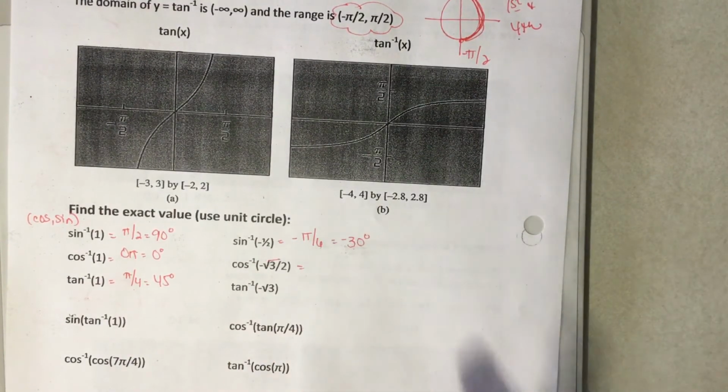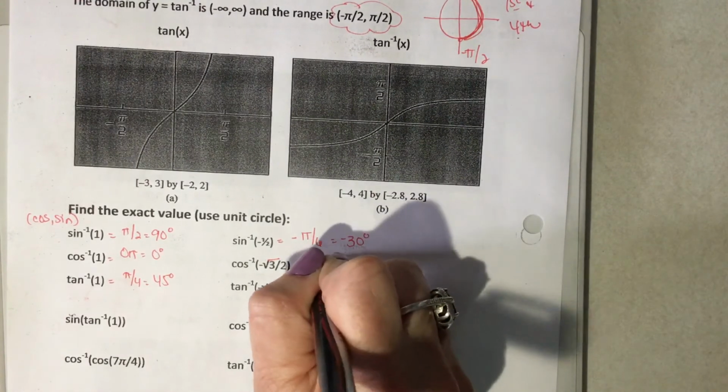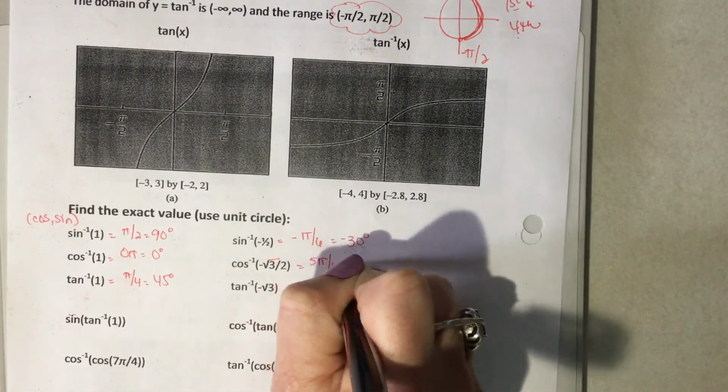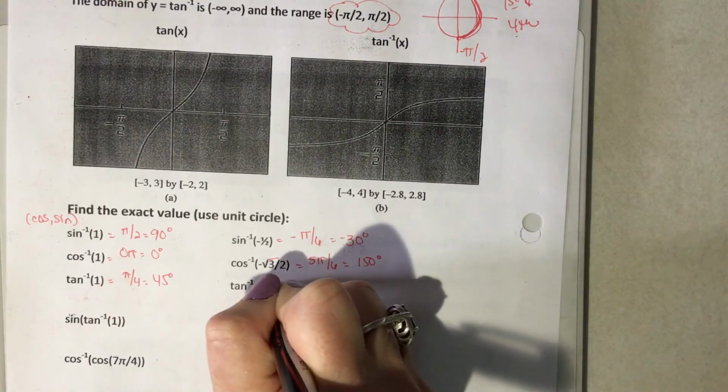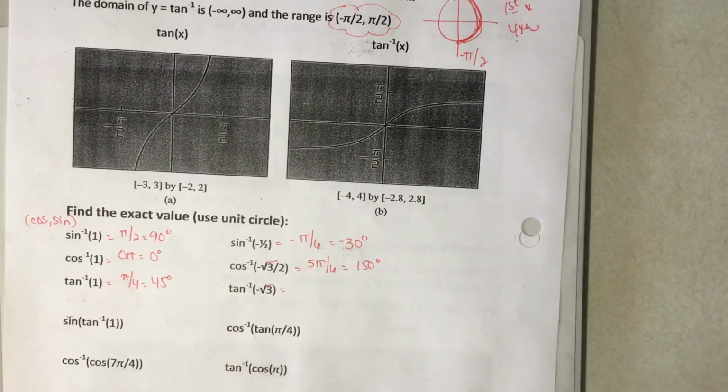Okay, where's cosine negative square root of 3 over 2? At 150. Is that legitimate? Can I be in the second quadrant? Yes, I can. So that is 5 pi over 6, which is 150 degrees. And where is tangent negative square root of 3?